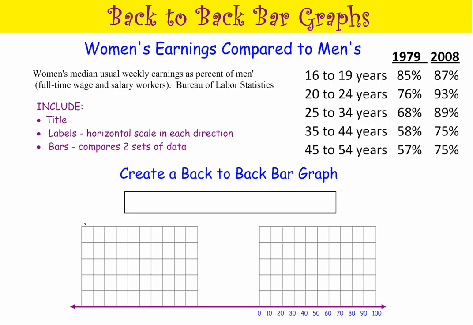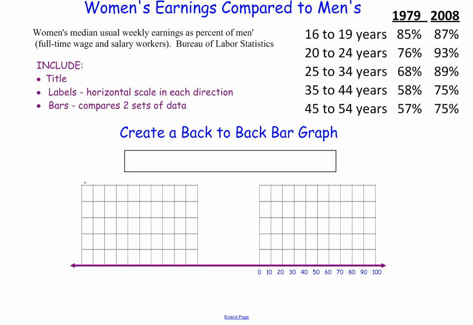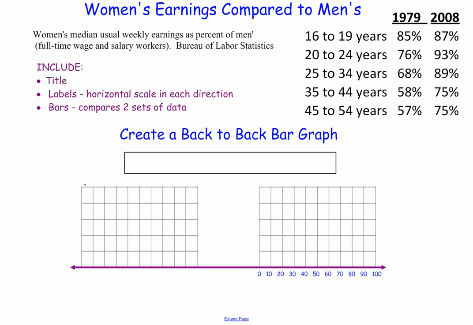So I'd like us to make one of these back to backs. This one will compare women's earnings to men's, and this is women's median weekly earnings as a percent of men's earnings. So definitely you want to include a title. You can write in your title, women's earnings compared to men.